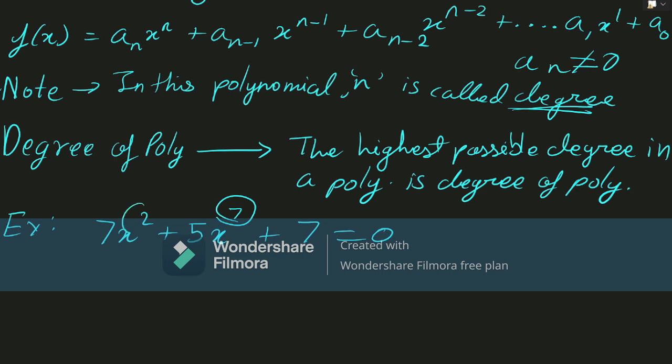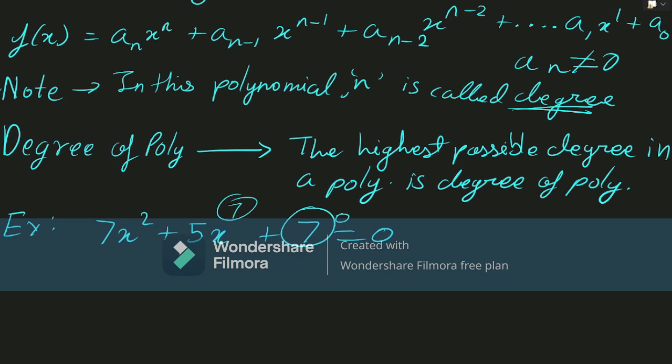We have 2 here. This could also be the degree of the polynomial, but only when the other power is smaller than 2. And this 7, this is a constant, it has degree 0, so it can be called a 0 degree polynomial as well. Okay, so like this it works.